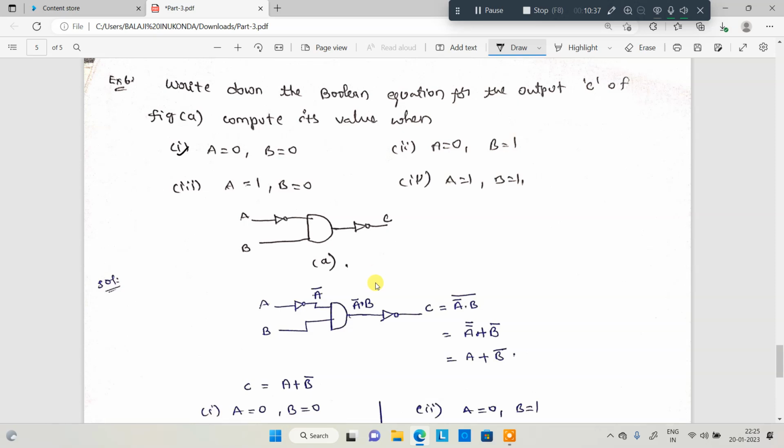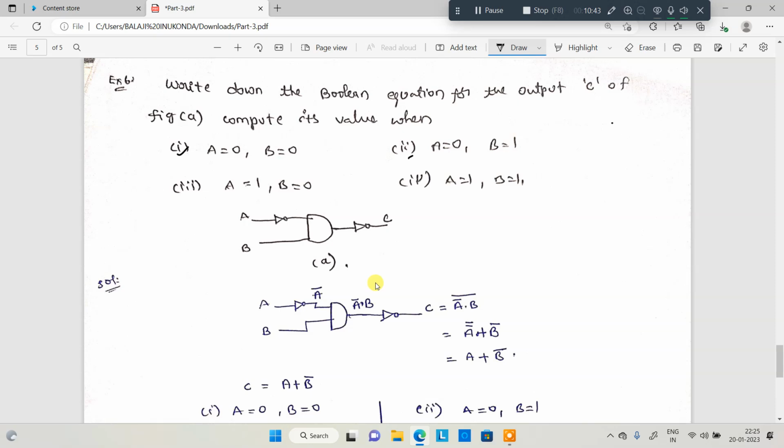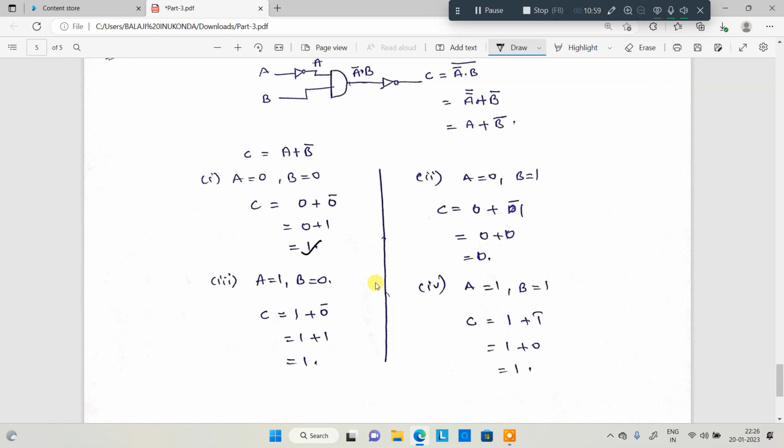They have given 4 cases. Each and every case we are going to discuss. The first case, let me take A is 0, B is 0, it is 1, it is 0, AND gate. 0 into 1, 0 only. It is a NOT gate again connected. Here 0 will get 1. Okay, this is the first example. Look here, it is 1, right?